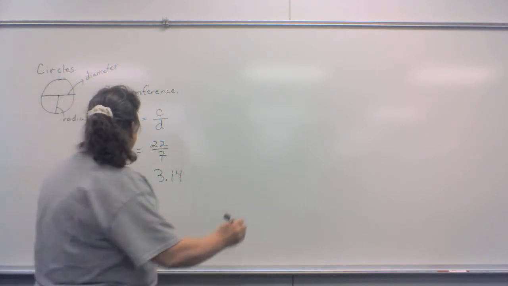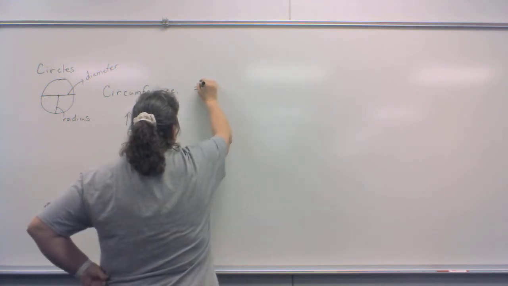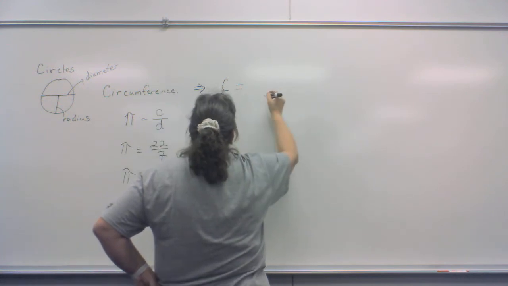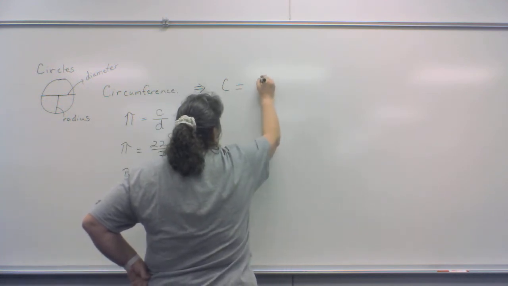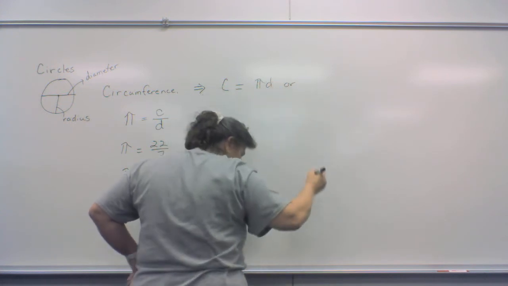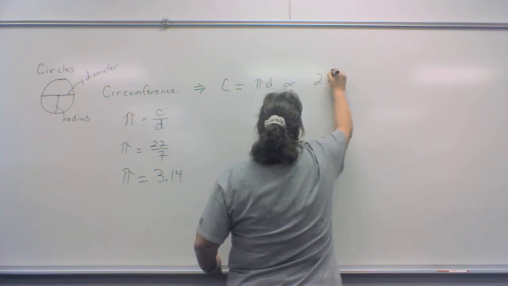So when we talk about the circumference of a circle, the circumference, which is C, is equal to pi times diameter. Or you can also say 2 pi r.